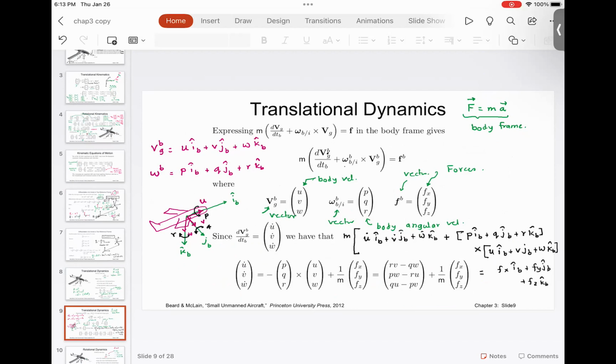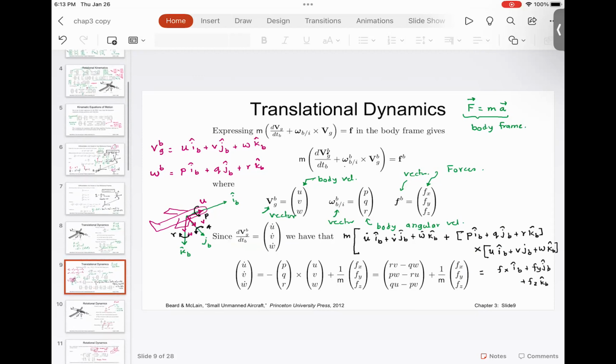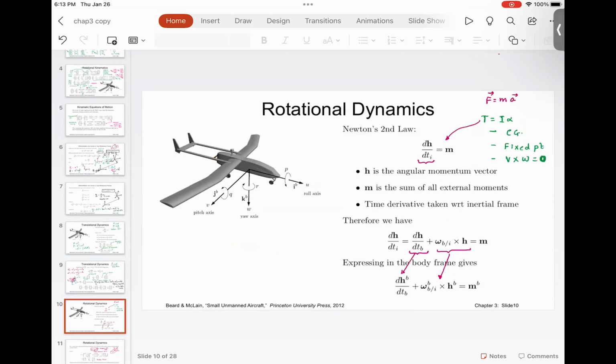Force is equal to mass times acceleration, or more accurately, force is equal to the rate of change of linear momentum. If you extend these concepts further, the rate of change of angular momentum equates to torque or the moment. So that expression gives you the relationship that the rate of change of angular momentum is equal to torque.